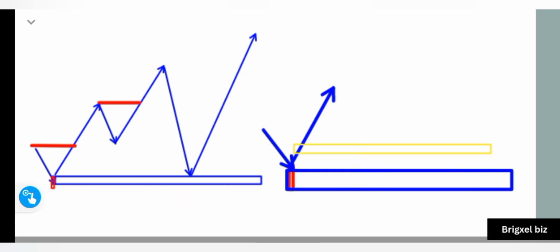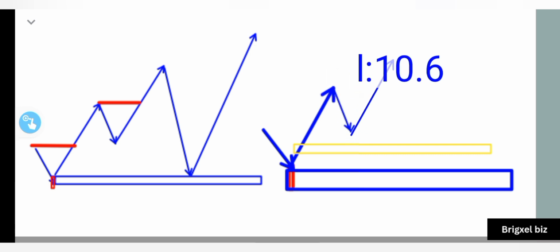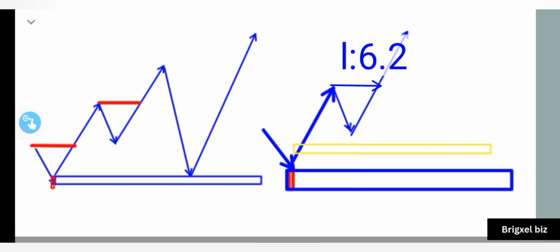Now let's say there is a fair value gap above your point of interest or your order block, like this. Here is what you would be expecting. Sometimes we would expect a pullback to happen and then price to move up, breaking this level and causing a break of structure.